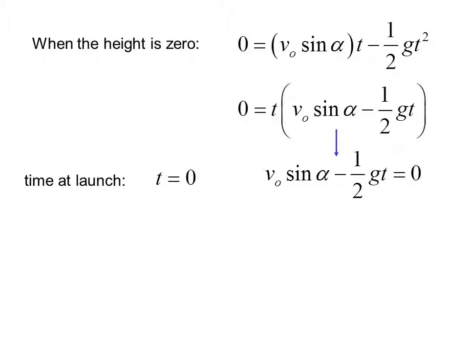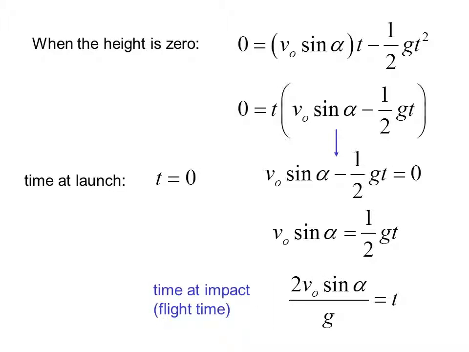If we set the other part of the equation equal to 0, we get v sub 0 sine alpha equals 1/2 gt, or v sub 0 sine alpha over g equals t. Hmm, this would be the time at impact, or flight time.